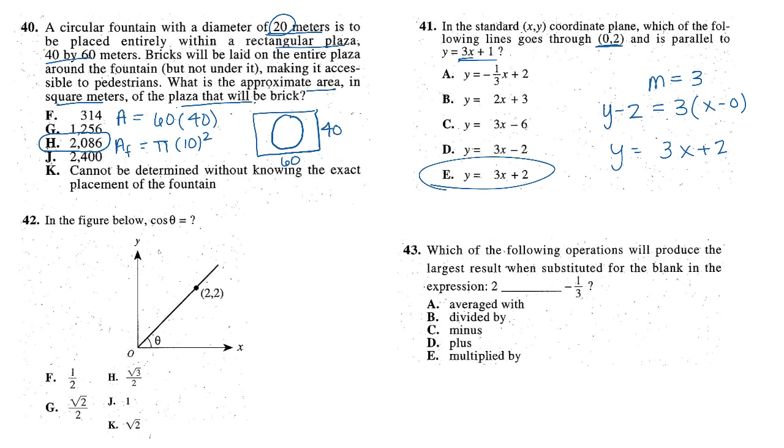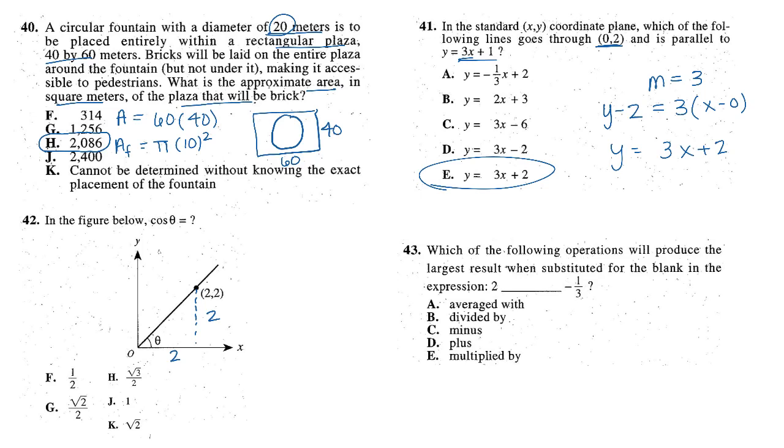Number 43, we have cosine of an angle, and we need to go ahead and finish out this triangle here. So we have this side length here, and we know this was 2, and this side over here is 2.